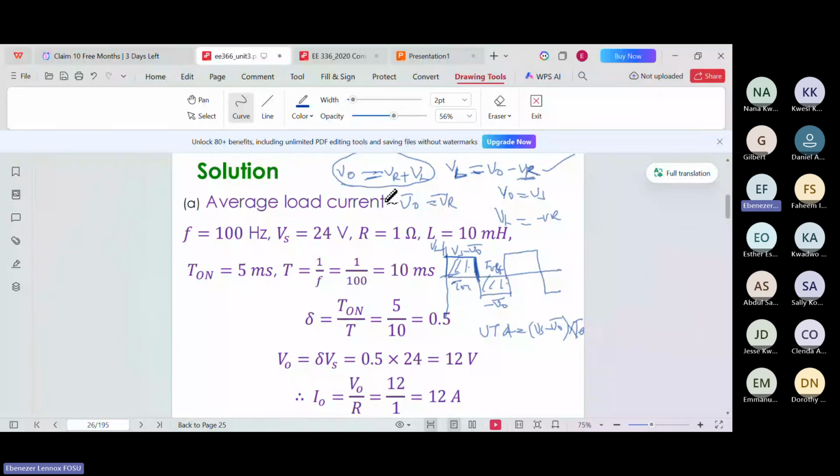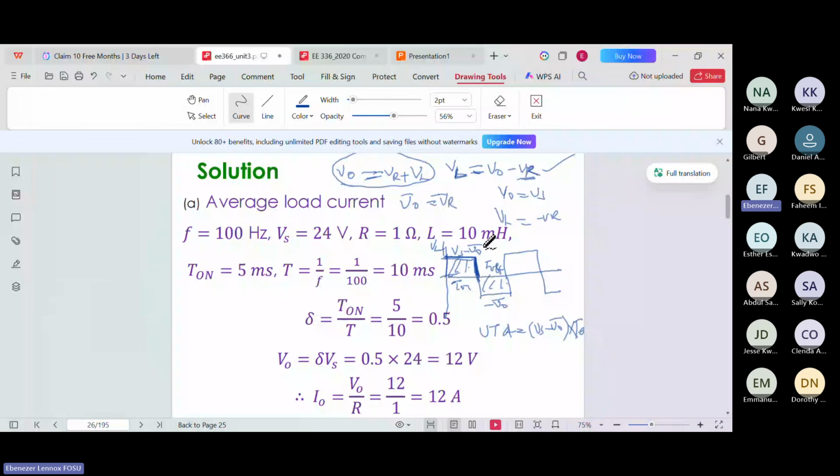When you find the average of the output, VR is equal to that, so we can replace VR with the average of the output, which is V naught bar, right? So the voltage across the inductor will be Vs minus V naught bar, which is the one here during the time that the switch is on. So the magnitude is Vs minus V naught bar.